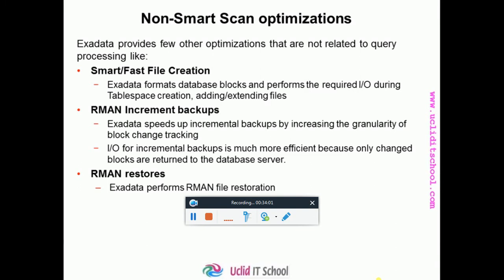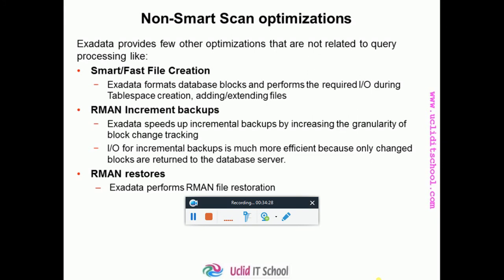So let us see what this smart or fast file creation is. Whenever you create a data file on Exadata, the creation is a little bit faster compared to non-Exadata storage, because the block formatting is done by the storage servers.